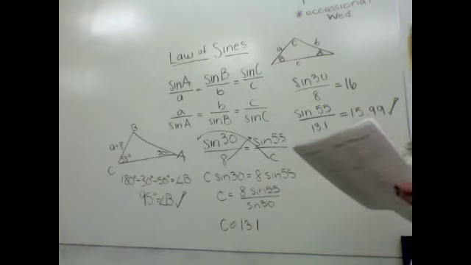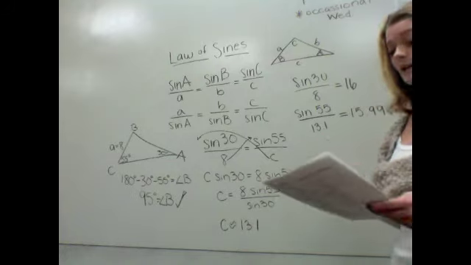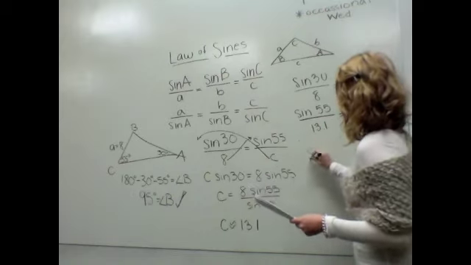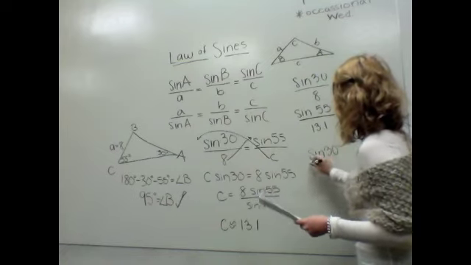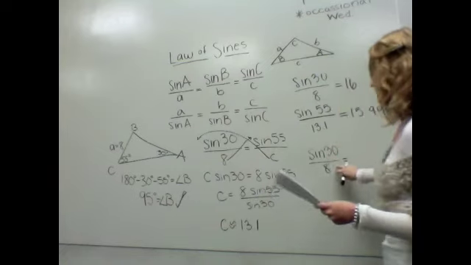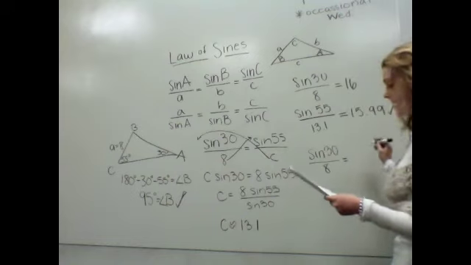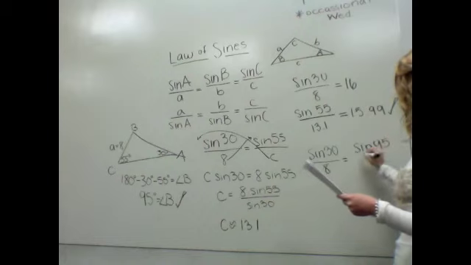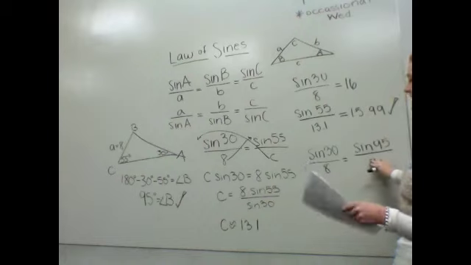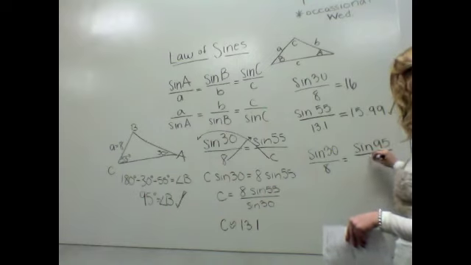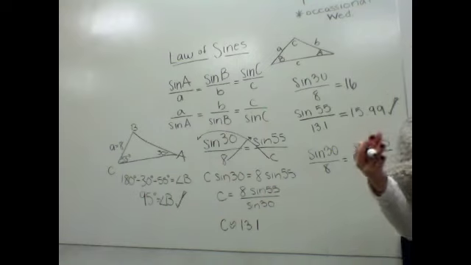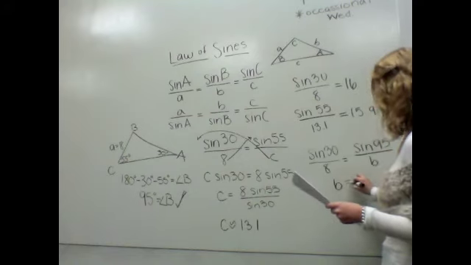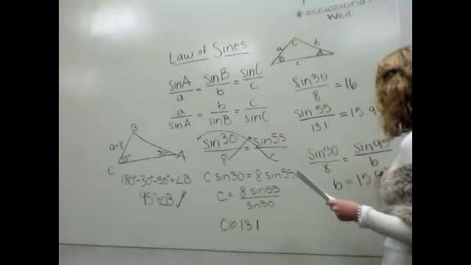Now the last piece of information I need, of course, is finding side length B. And you can set this up the exact same way as you did before with C. Sine of 30 over 8. That was my A ratio. Angle B was 95 degrees. So sine of 95 is equal to sine of 95 divided by my missing side length of B. I'm going to do some cross multiplication, and I'm going to isolate my variable, and I'm going to end up getting B is approximately 15.93.